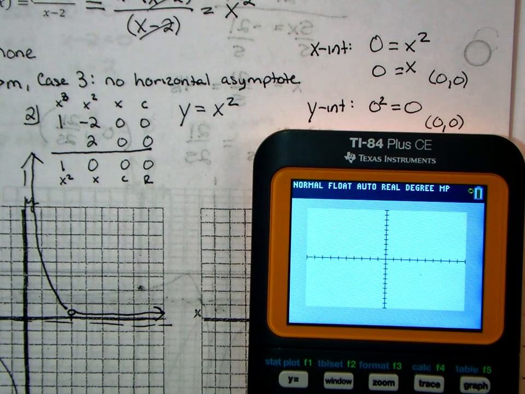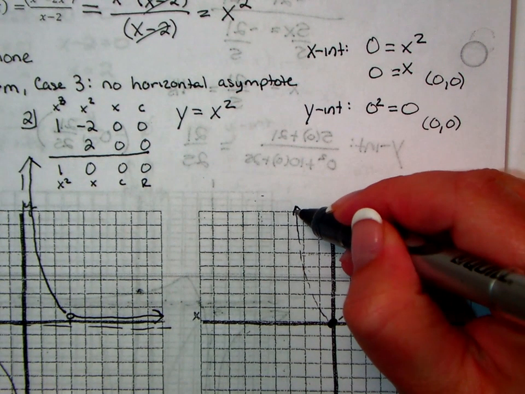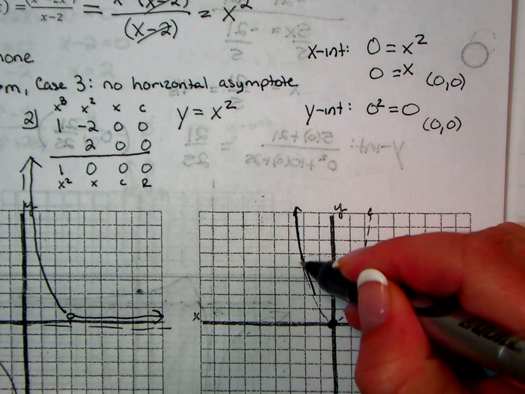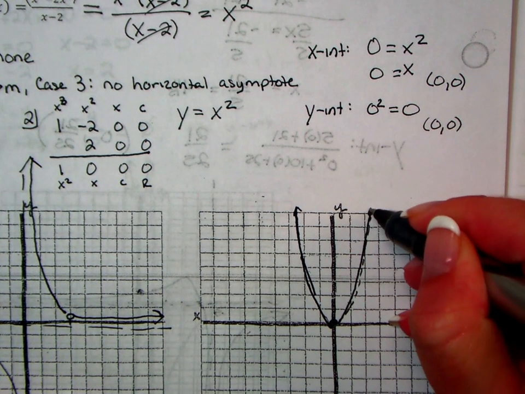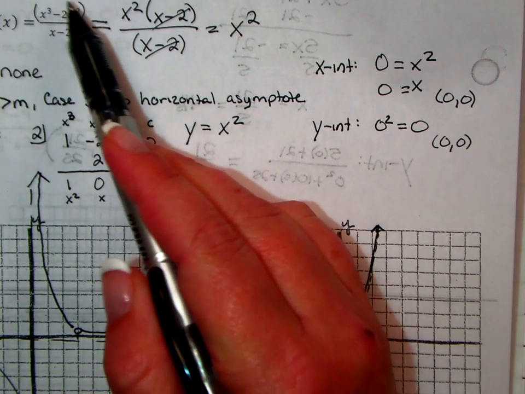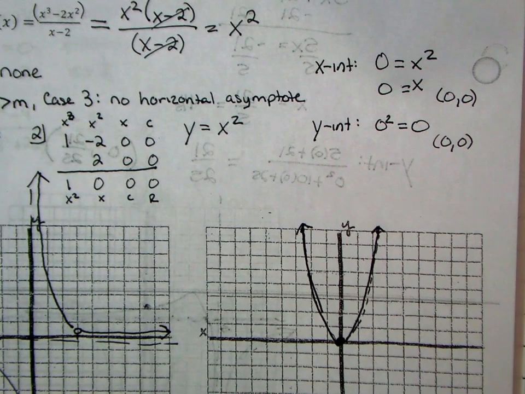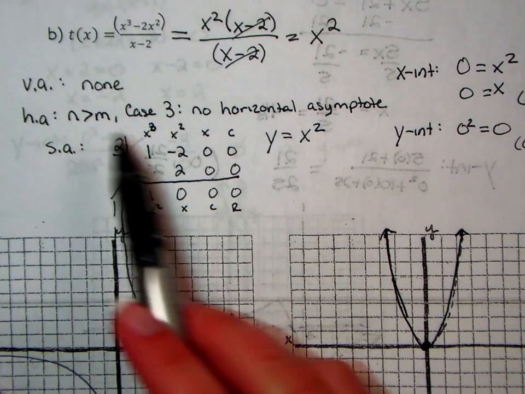Graph. The graph looks like an x squared. So this graph crosses its slant asymptote absolutely everywhere. It's really strange, but this equation here is just equal to x squared. That's the takeaway.